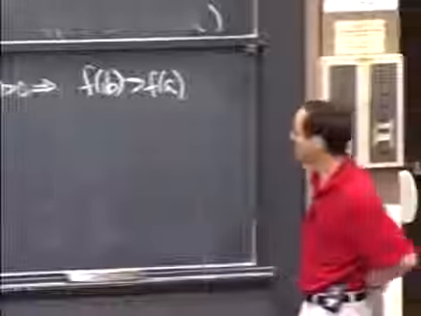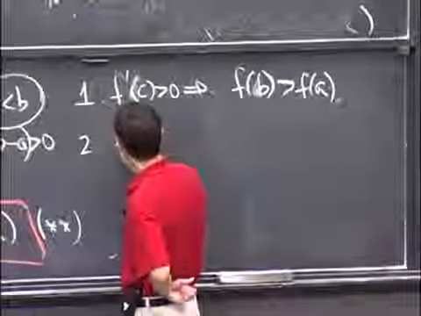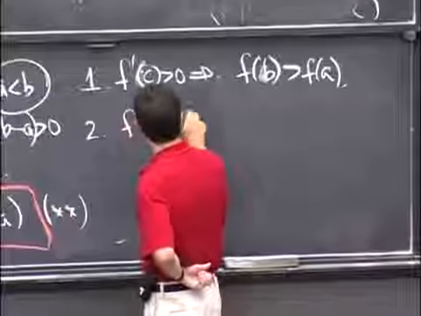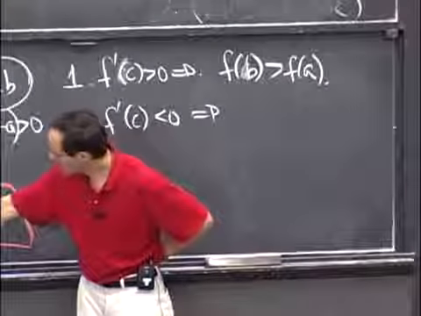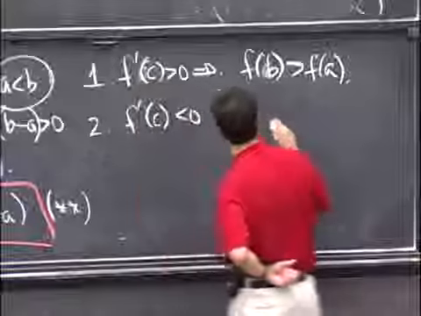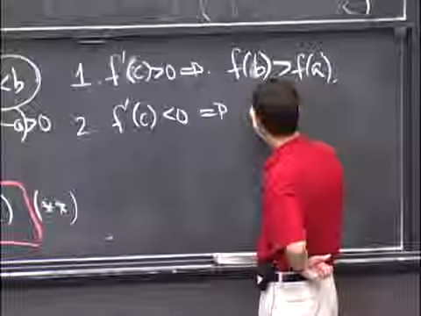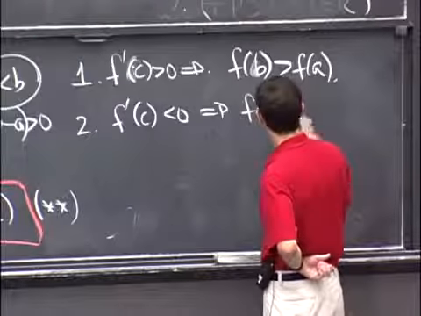It goes up as the value goes up. Similarly, if f prime of c is negative, then this is a positive times a negative number. This is negative. f(b) is less than f(a). So it goes the other way. So maybe I'll write it this way.